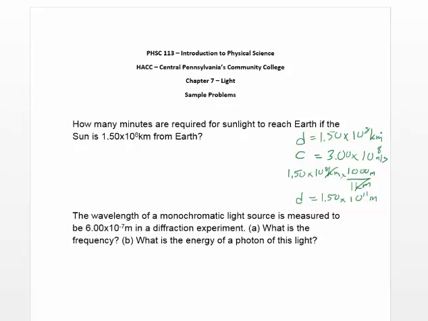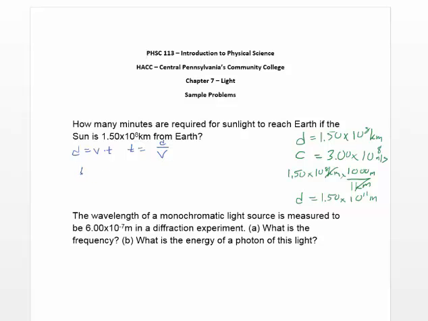So you have to always watch your units and make sure that you're keeping things in the same sets. You can't just multiply or divide kilometers and meters. You have to make sure the units are the same. So now that we know that, let's see what we need to do. We know that the distance equals velocity times the time, and what we're looking for is the time. So time is equal to distance divided by velocity.